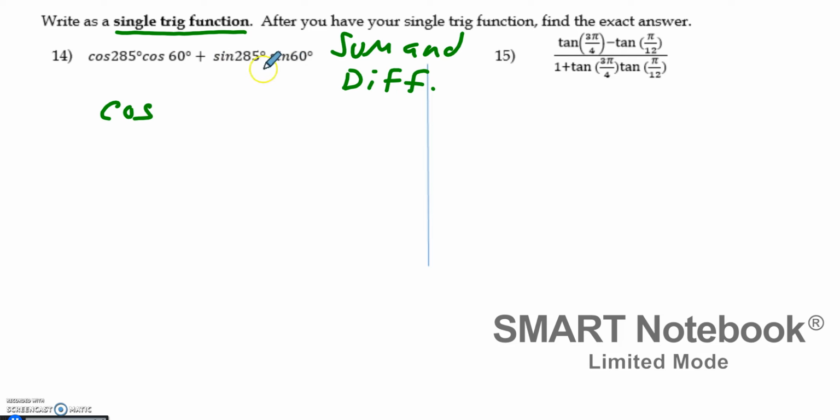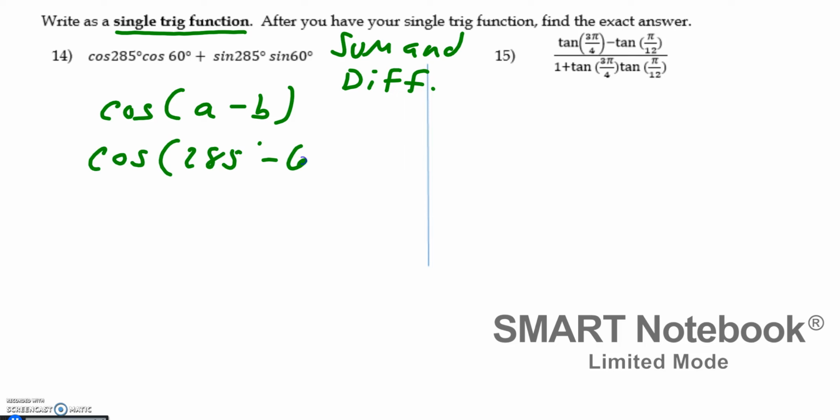This relationship that I see, cosine, cosine plus sine, sine, is the same as cosine of A minus B, which in this case would be cosine of 285 degrees minus 60 degrees, which is really cosine of 225 degrees. So remember that cosine means what is the x value at 225 degrees?